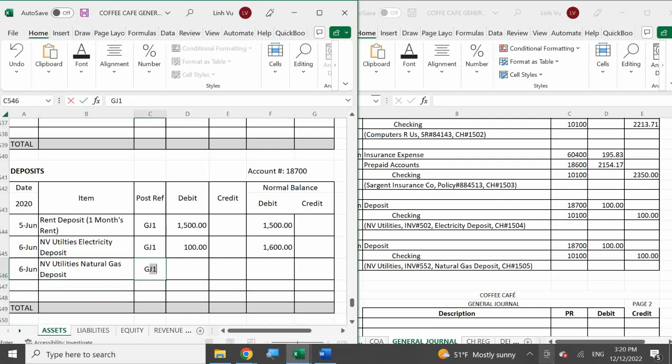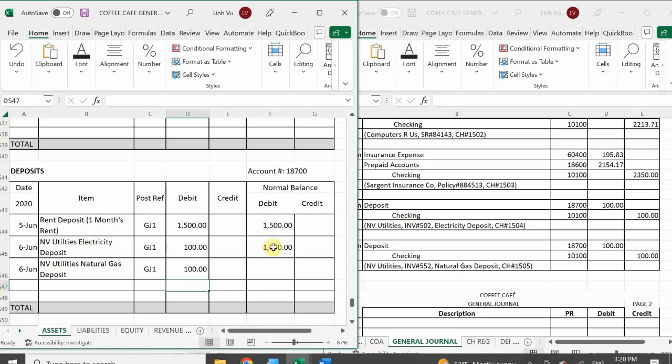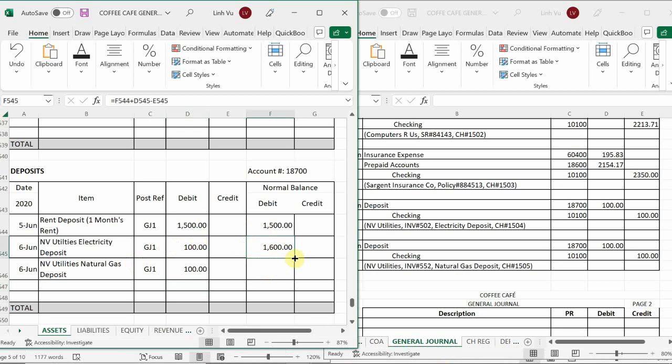Okay. We are at the end of page 1 for $100. So once again, since we debited another $100, right? That means we are going to increase our deposits account from $1,600 to $1,700, right? We're increasing it to the debit side. So now we are on the left side, debit, for $1,700.